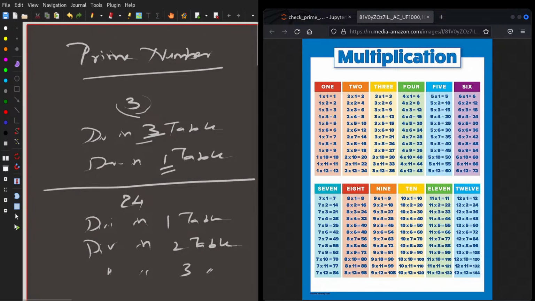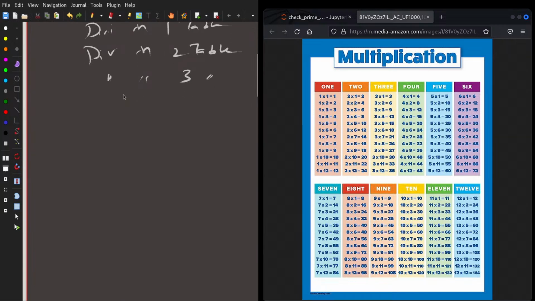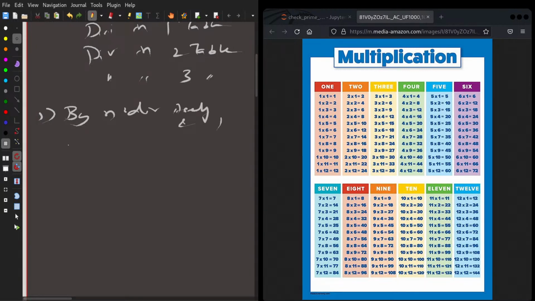Okay, I will try to show you. Based on our first analysis, we said that by default any number will be divisible by itself and 1.